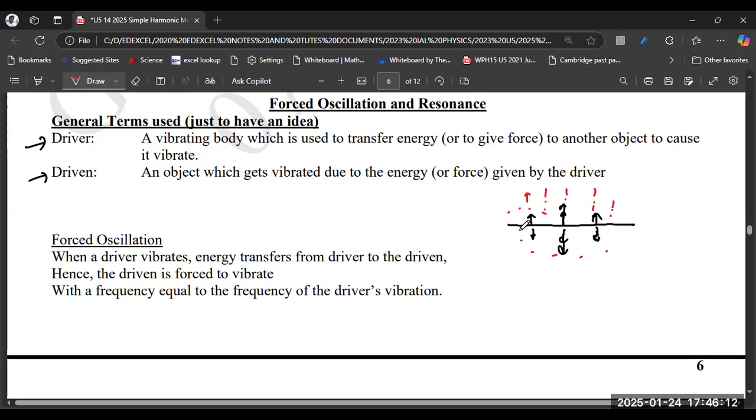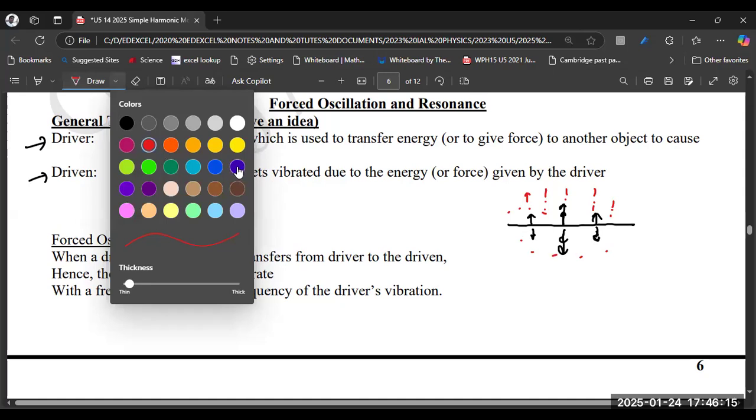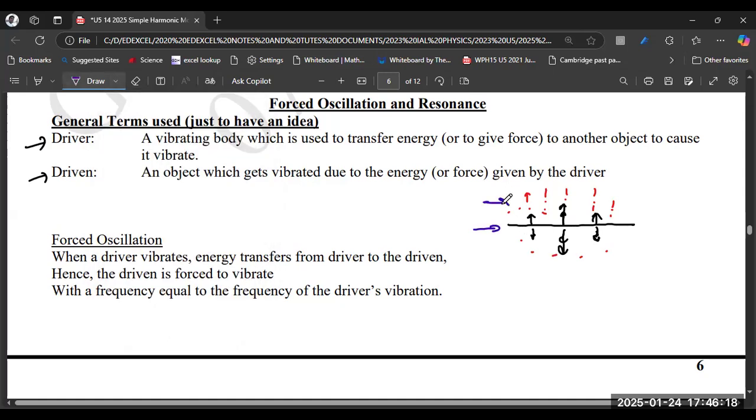In that case, the driver will be the guitar string, the driven will be the air particles. So a vibrating body which is used to transfer energy to another object and to cause that to vibrate is what we call the driver. Then an object that gets vibrated due to the energy given by the driver is called driven. So in this example, the string is the driver, the air particles will be the driven.